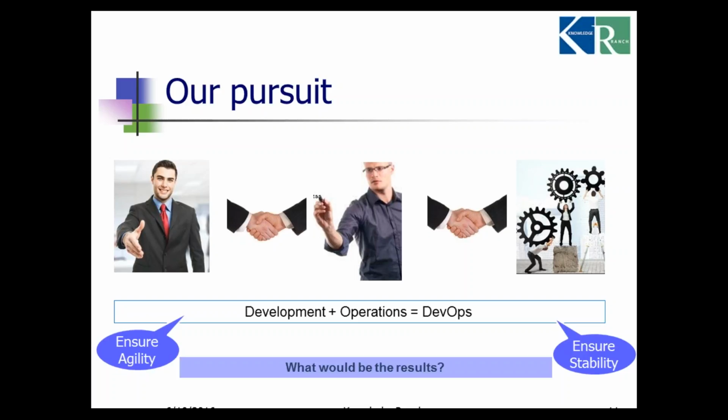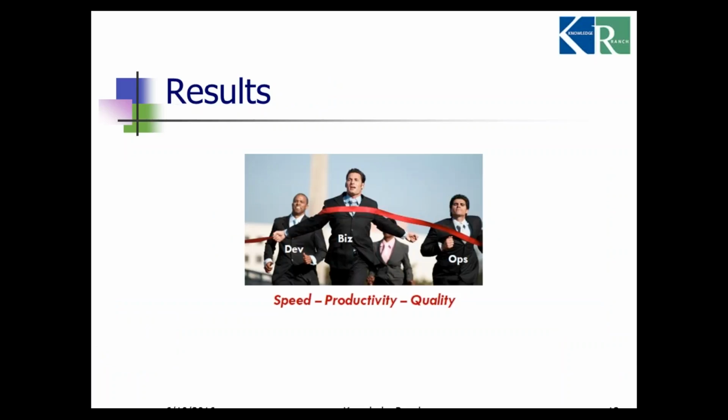If we pursue this and achieve this utopian state of working, then we deliver things fast. That means we are agile. Our team is working well. We have fewer defects, which means top quality, and our resources are used in the right manner. So naturally, the productivity of our team is up.